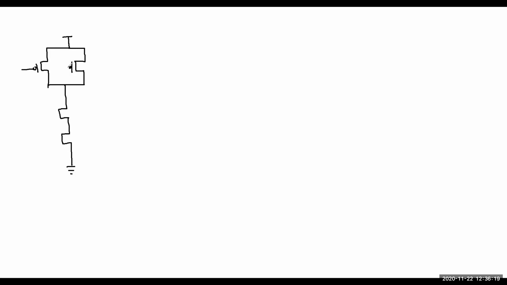This is PMOS. NMOS. NMOS. These two are A, right? I'm going to call them A. This is B. This is B, right? And this is our Y. Sizing is what? 2, 2, 2, 2.